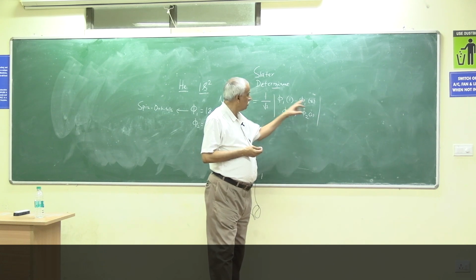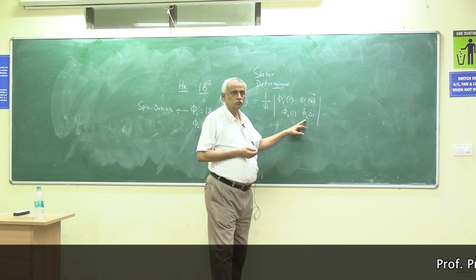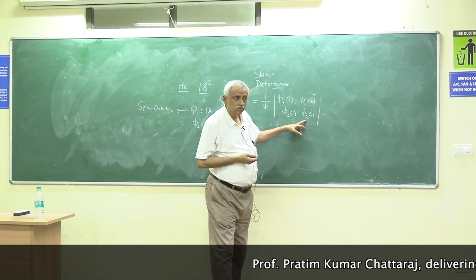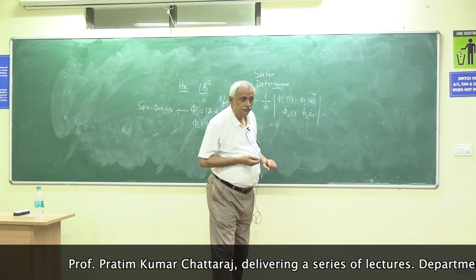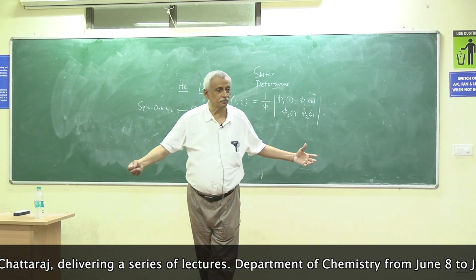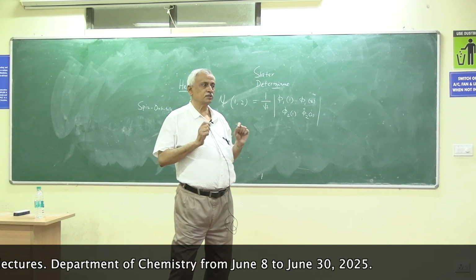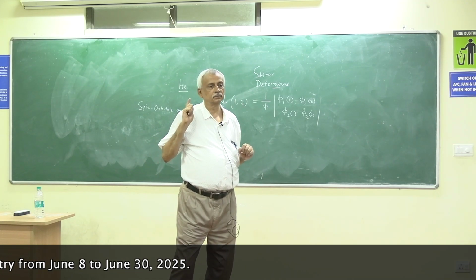So then you get all phi 1 1, phi 1 2, phi 1 1, phi 1 2. What would be the value of the determinant? If the determinant has same rows or same columns, determinant becomes 0. That means if the wave function is 0, the probability of getting the state is 0. So you can see, if you write it in the form of Slater determinant, Pauli exclusion principle is automatically taken care of.